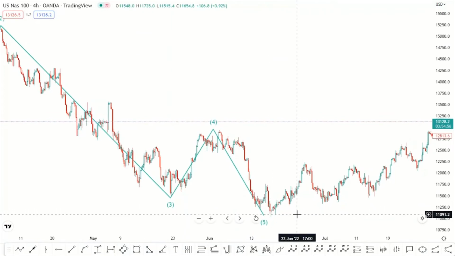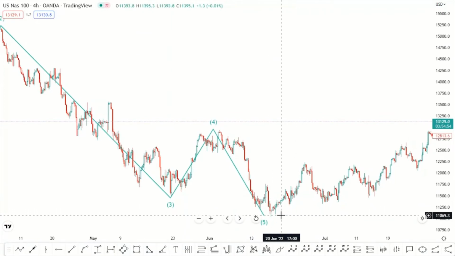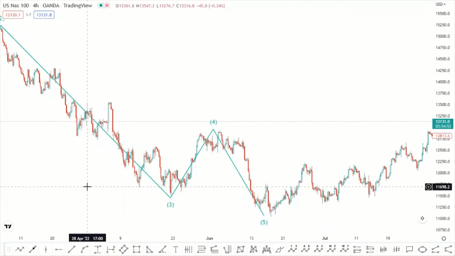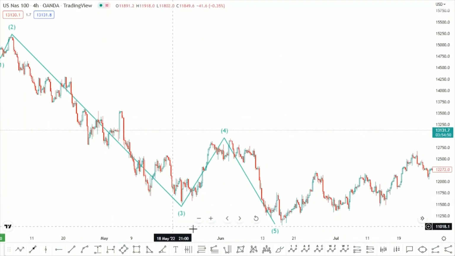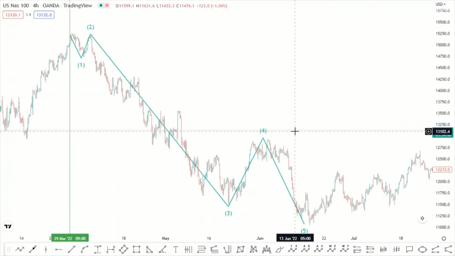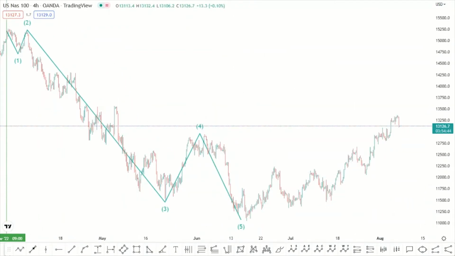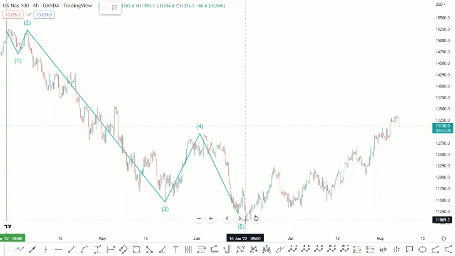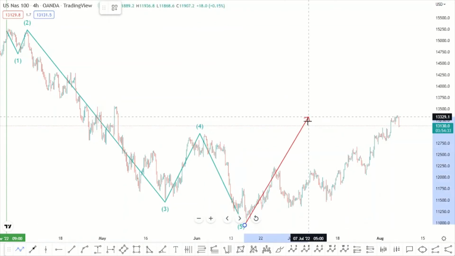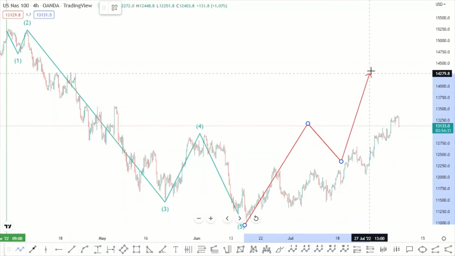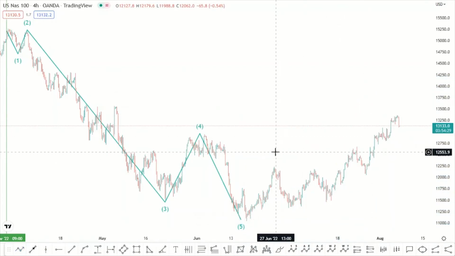So what happens after 5? We need an ABC correction that will correspond with this structure, with each wave, just like these waves. What I've said first is that you need a 1, 2, 3, 4, 5 and then an ABC correction in the opposite direction, and what is left here after you finish this wave is an ABC type of correction.